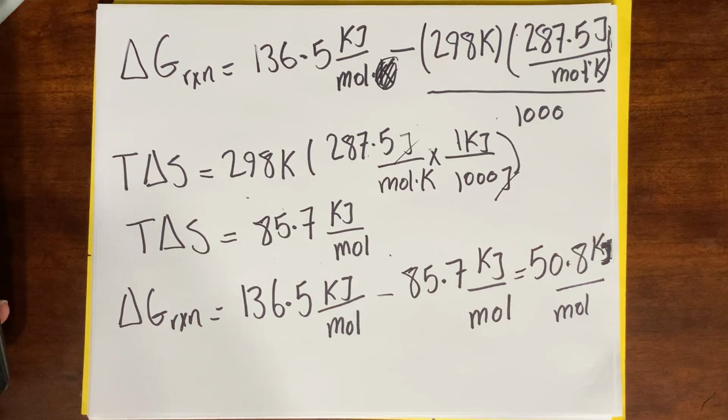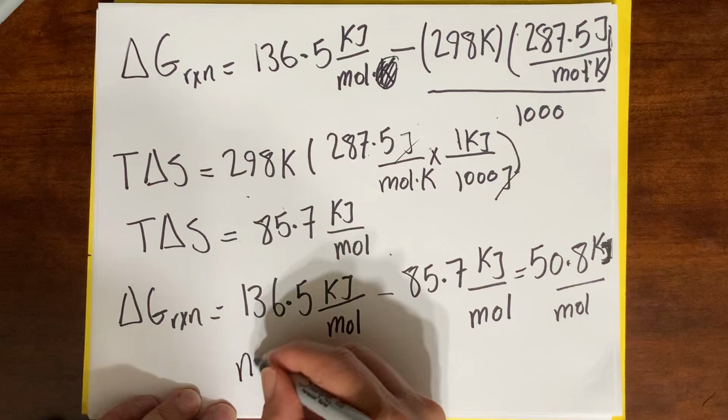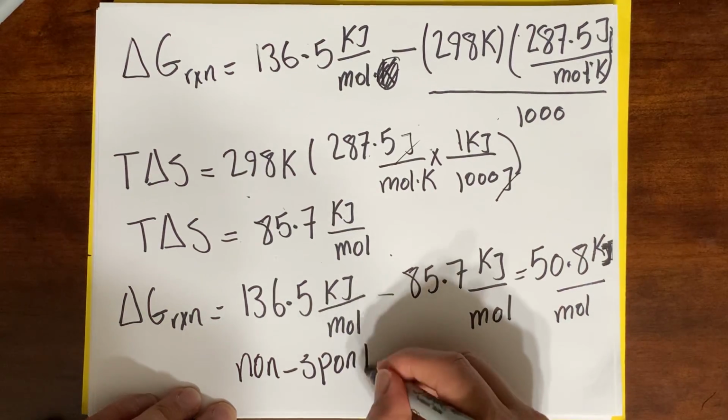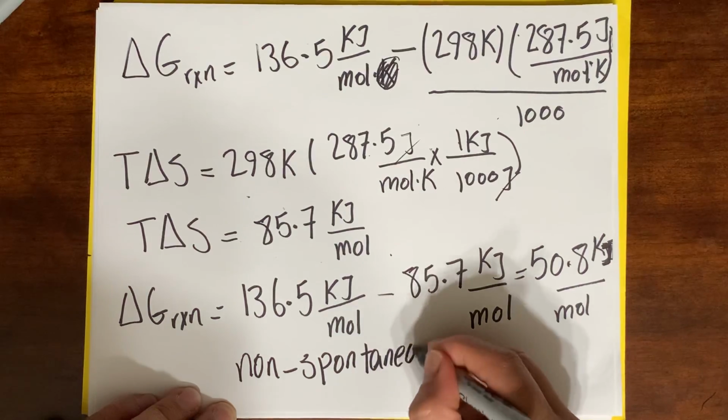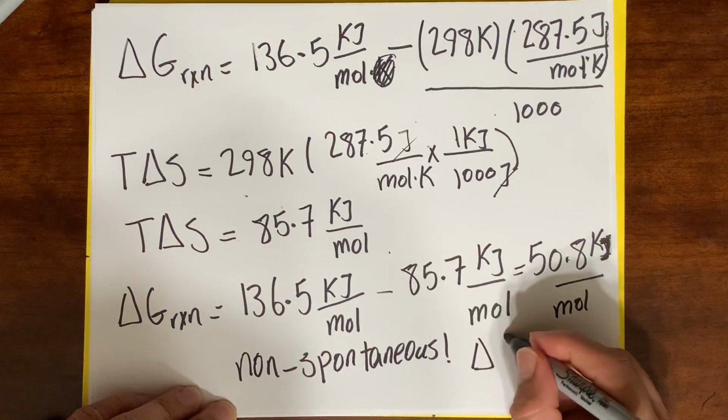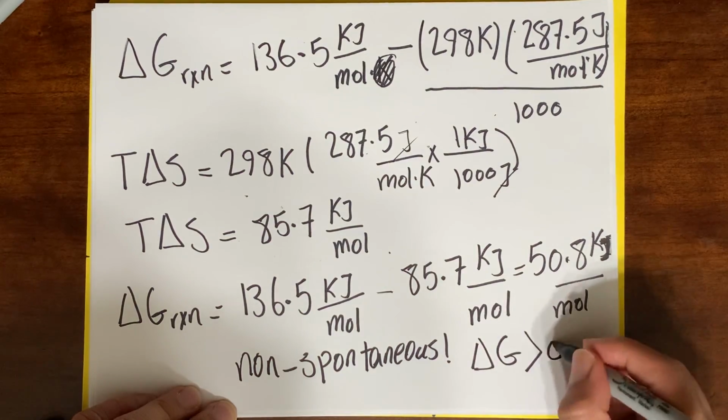Because this is positive number, it will be non-spontaneous, because delta G is positive.